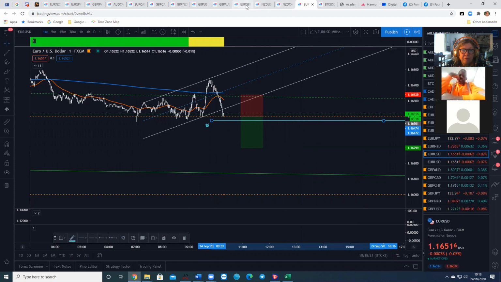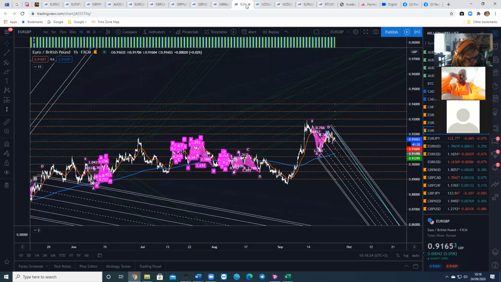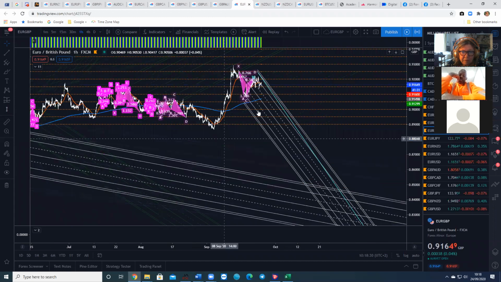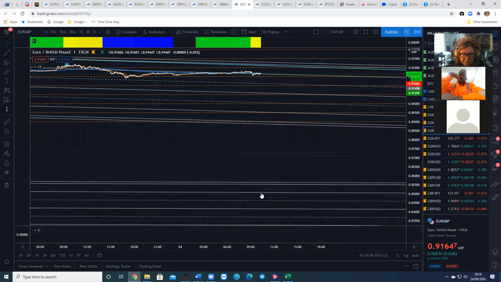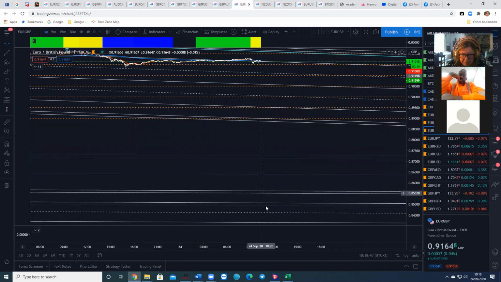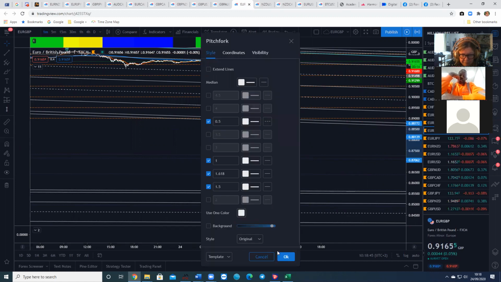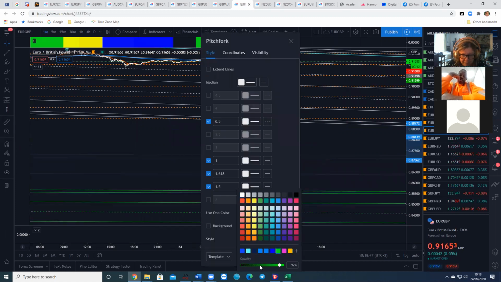Let's go to Euro GBP, see what the other euros are doing. This also was the new scan. Oh, that was 22nd of September, this one. Let's change that to green while we're here.